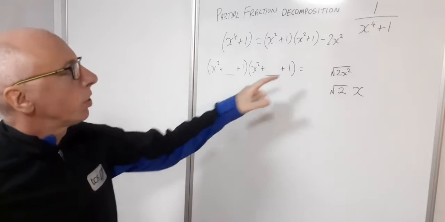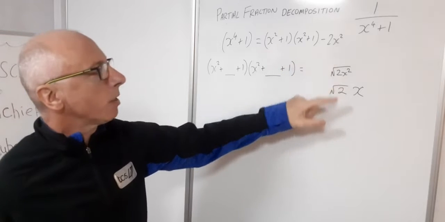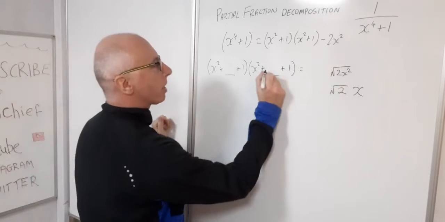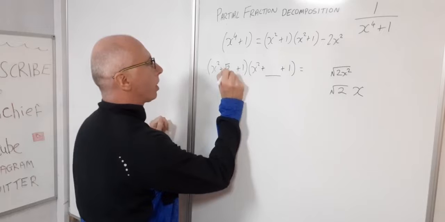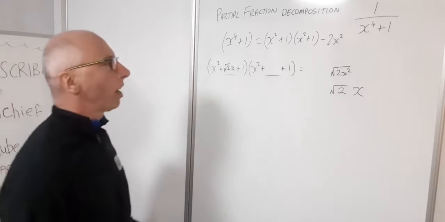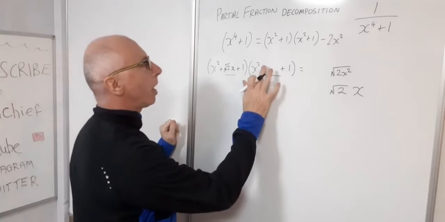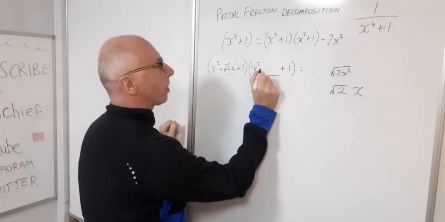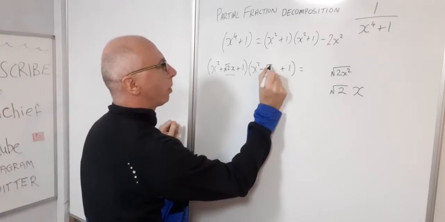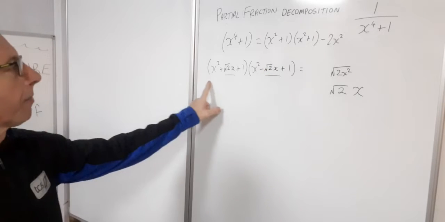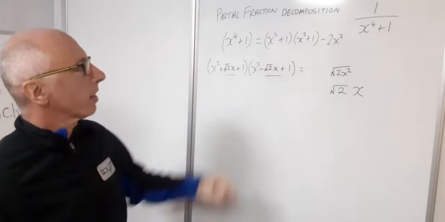Then what we want is to get minus 2x squared when we multiply the two together. So let's put root 2x on this side, so that takes care of that. And then on this side, I want a minus root 2x. So let's change that sign and put minus root 2x. Okay, that takes care of that.